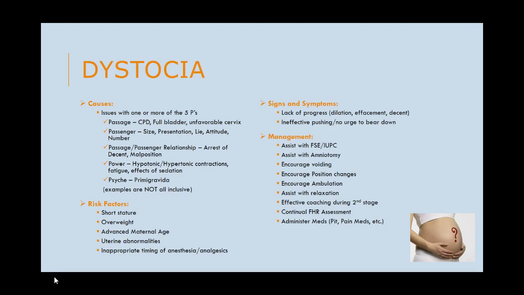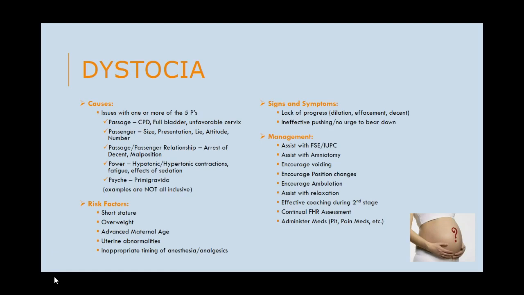A full bladder. A full bladder can cause dystocia because as the bladder becomes filled up with urine, it does not allow room for the fetus to pass down into the pelvic inlet or through the vaginal canal. You know, those organs are sort of in the same area.